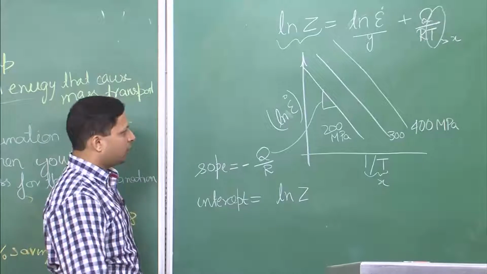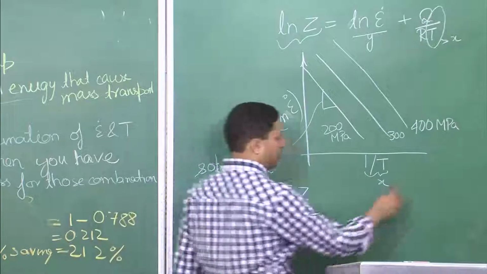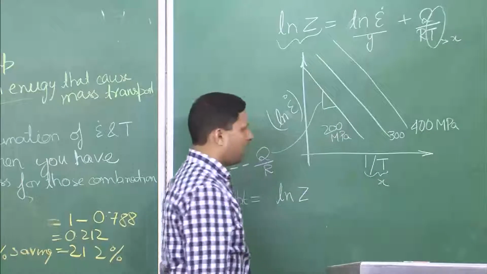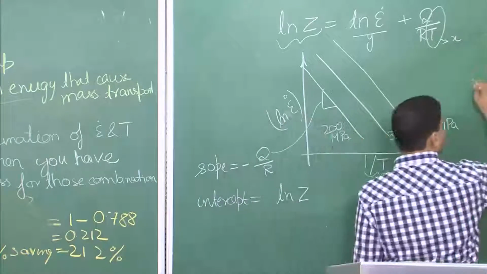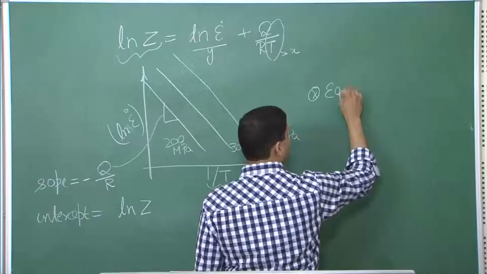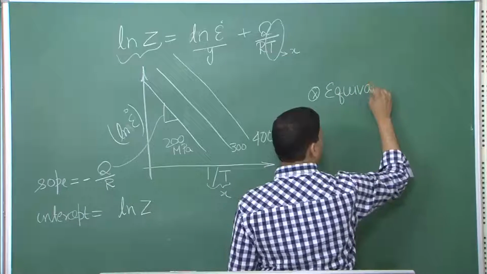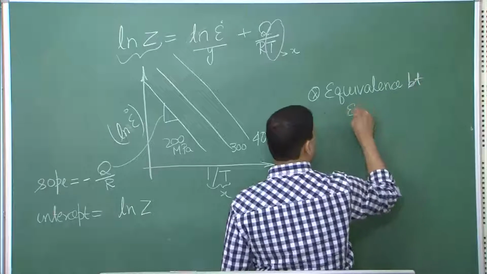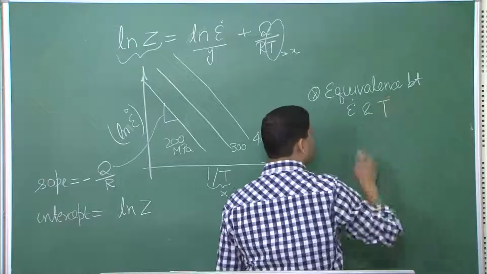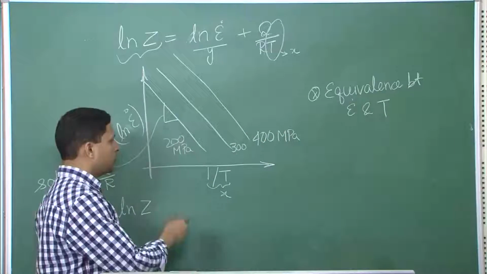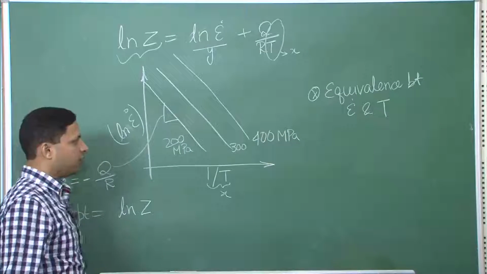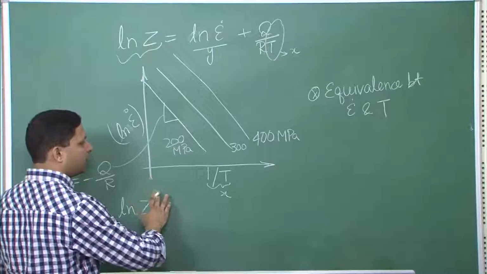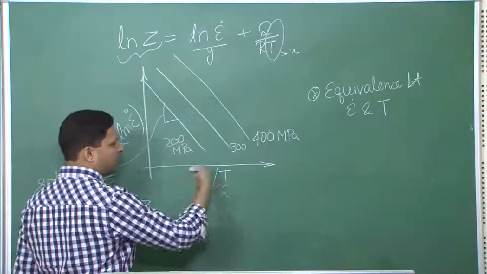Once you are able to draw a plot like this, you are able to see not only the equivalence between strain rate and temperature. We do see that there is an equivalence, although it is clearly saying that the temperature is increasing in this direction.